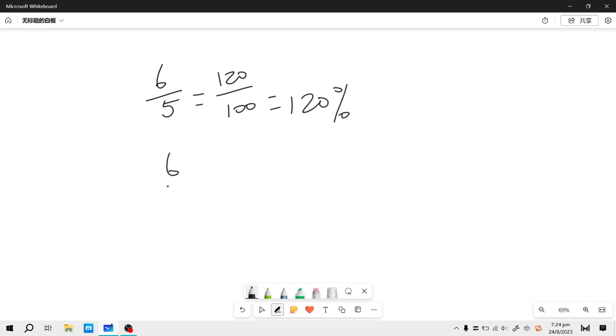But actually there's another way. This fraction times 100. So we cancel this out, this 20. So this is 120%. So I'll talk about this more in the fractions video. So I'm just skipping this part.